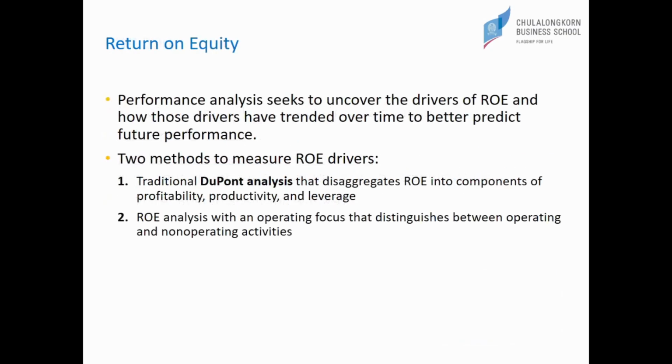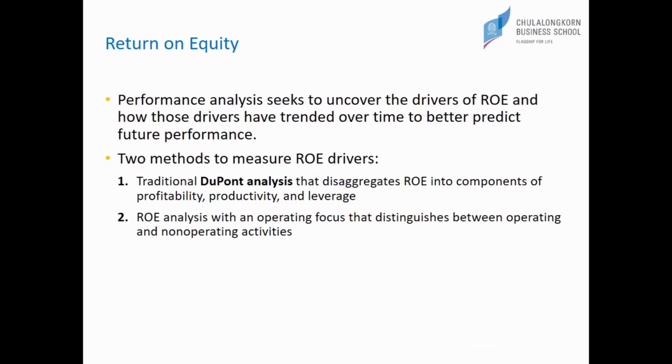So return on equity. When we conduct this performance analysis, we try to uncover what the drivers are and how the trend has moved over the past years, so that we can make a better prediction about the future performance, which you would need to do when you make a forecast in order to evaluate a firm.